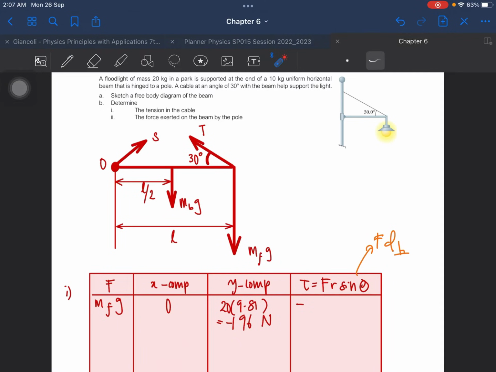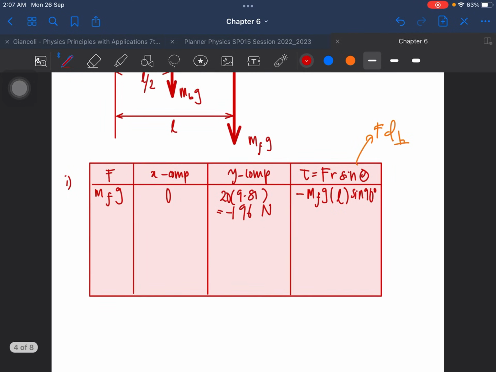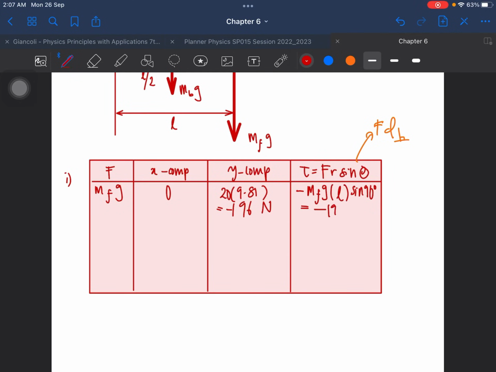And then the force is mg, so mg times the distance, which is L, and it is sine 90 degrees, the angle between the force and the r is 90 degrees. Okay, so you will get negative 196 L. Okay, it seems like it doesn't fit.